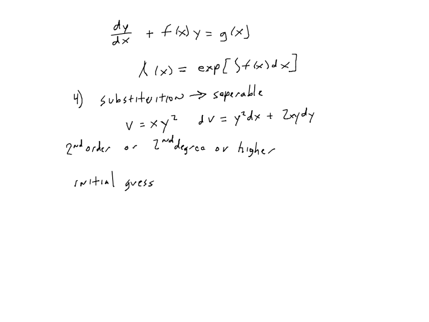The initial guess is something like you assume that the solution is like y equals a e to the mx, something like that, with the idea that you take this initial guess where it has these extra parameters in it, a and m, and you plug it back into the original differential equation and then solve for what these parameters need to be in order for the solution to work.